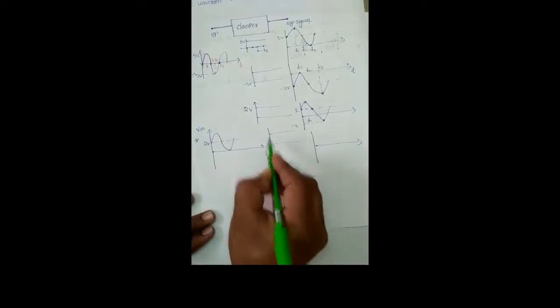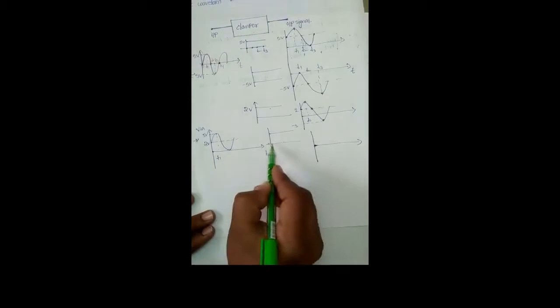So here the corresponding resultant signal is what? At t equal to 0, the input signal is 2 volts, and the clamper circuit adds minus 2 volts. Okay, plus 2 and minus 2 gives 0 volts. So here we get 0 volts. Similarly, at t equal to t1 instant also, for example, here we can consider 5 volts.